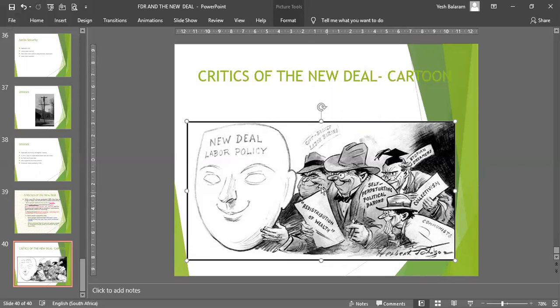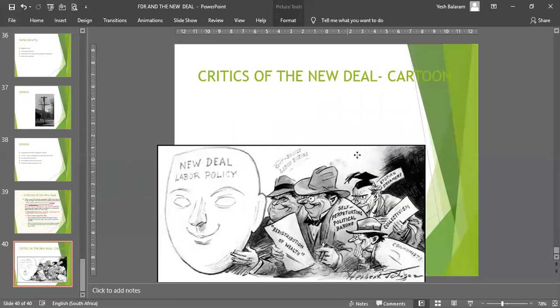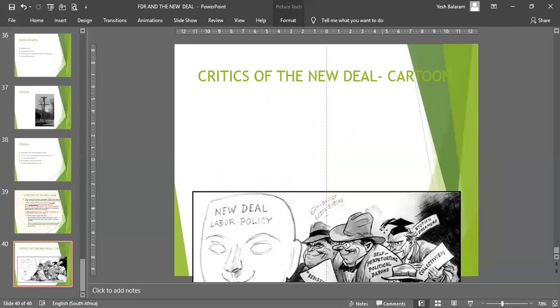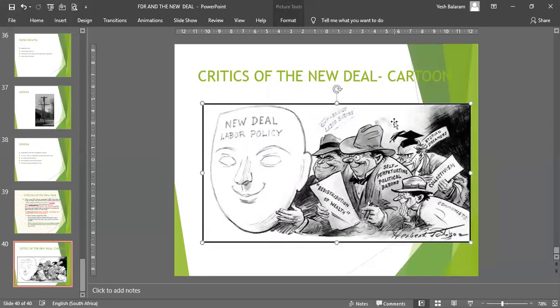However, the figures here would largely represent those who are dissatisfied, those who Roosevelt in some way did not appeal to. In other words, they were the critics of the New Deal. So behind this New Deal policy, you've got a whole lot of dissatisfaction as well.